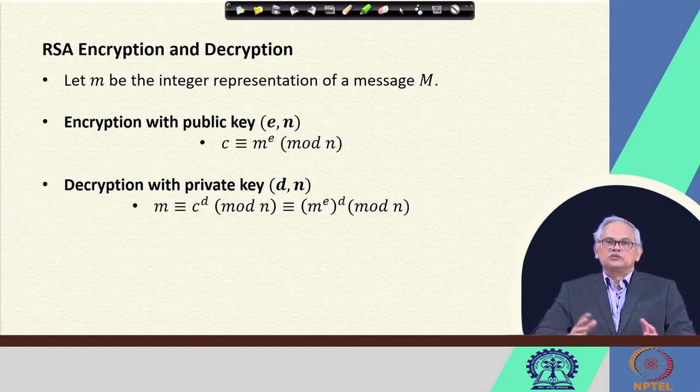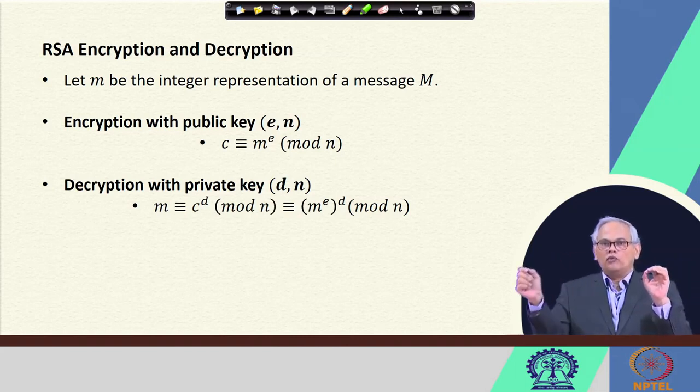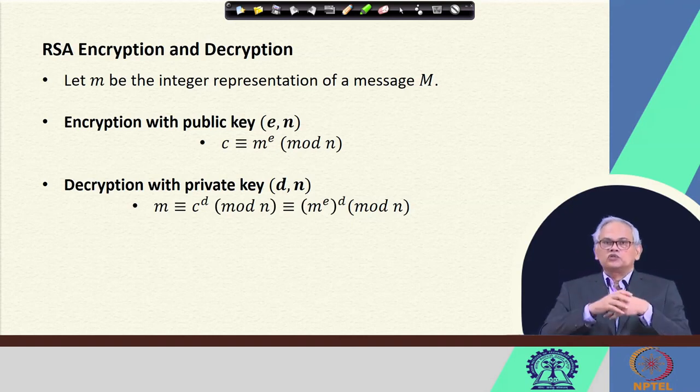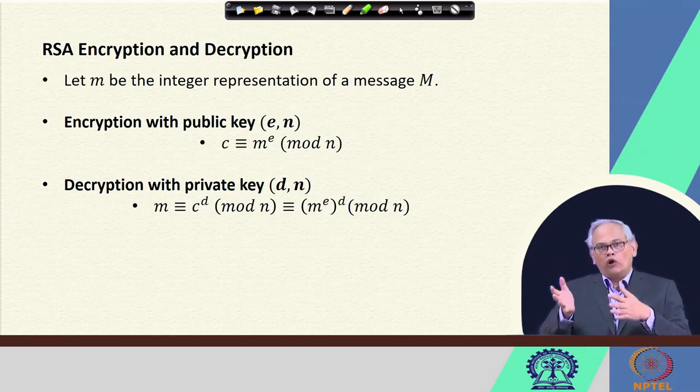Now, if this C is transferred from one user to another user, what will the recipient do? The recipient will decrypt it using the private key. As you have understood from our previous discussions, if Alice is sending a message to Bob after encryption so that nobody else can see it, then Alice will be using not her public key, but the public key of Bob.